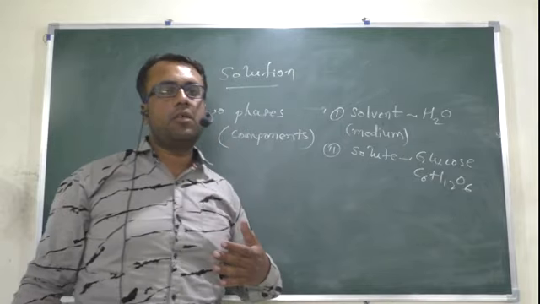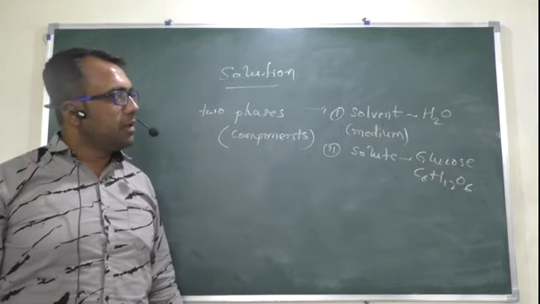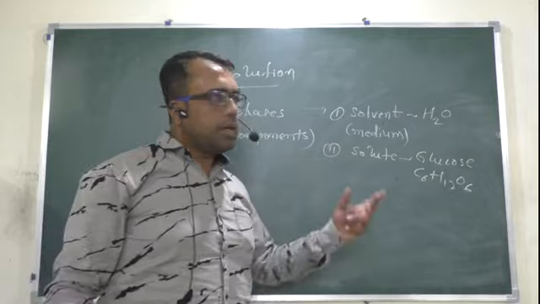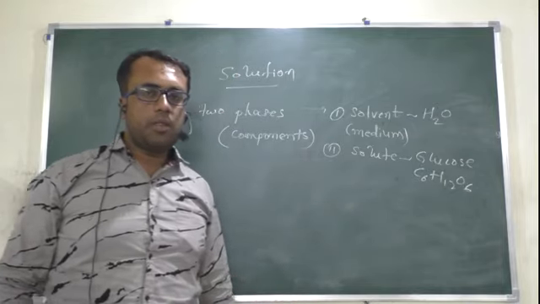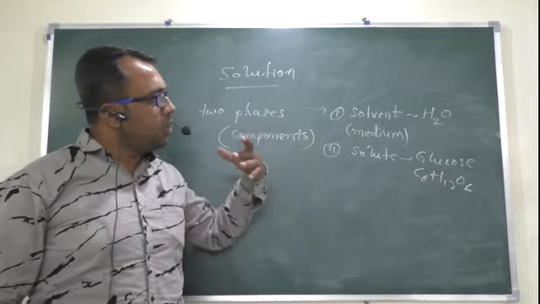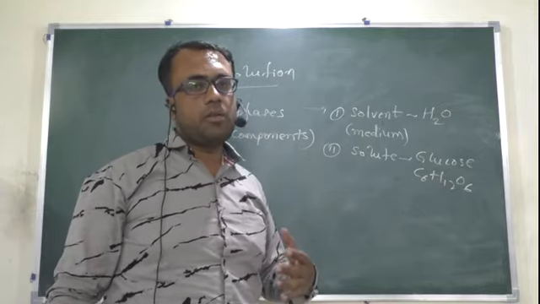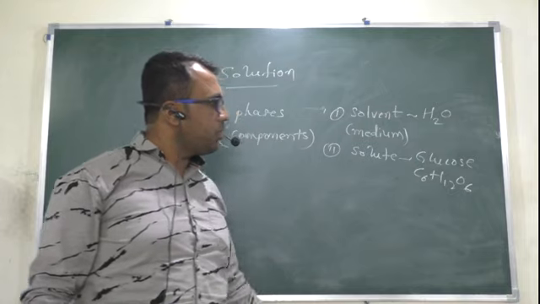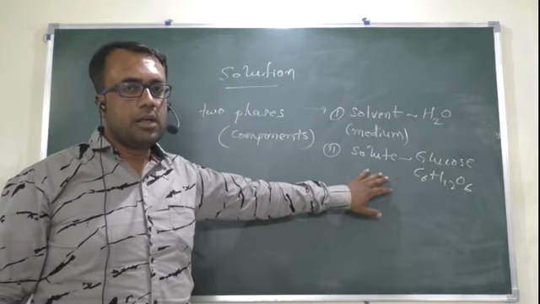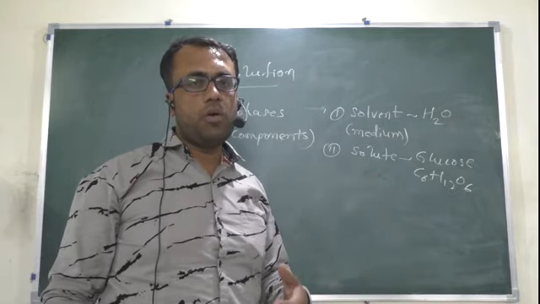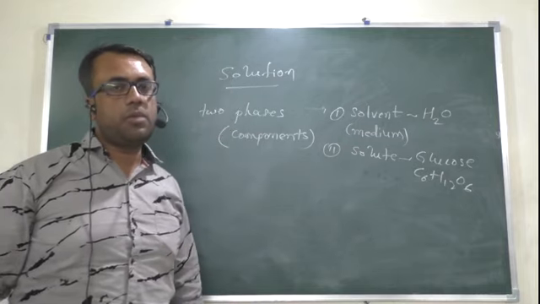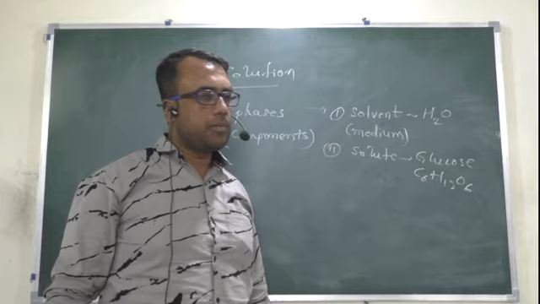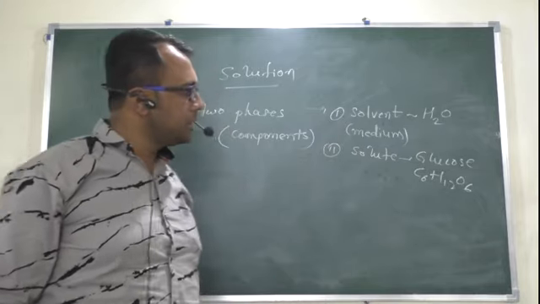The solubility of any solute in water depends on the chemical nature of solvent and solute, and secondly on the tendency of a particular solute to make hydrogen bonds with the solvent. The higher the number of hydrogen bonds a solute makes with the solvent, the higher is the solubility of that solute in water or any other given solvent.